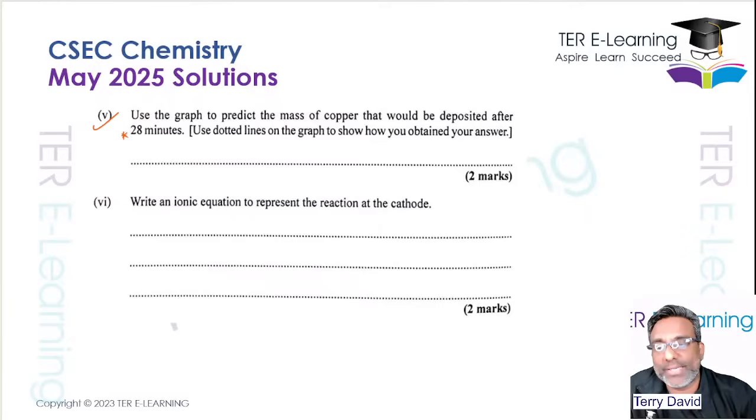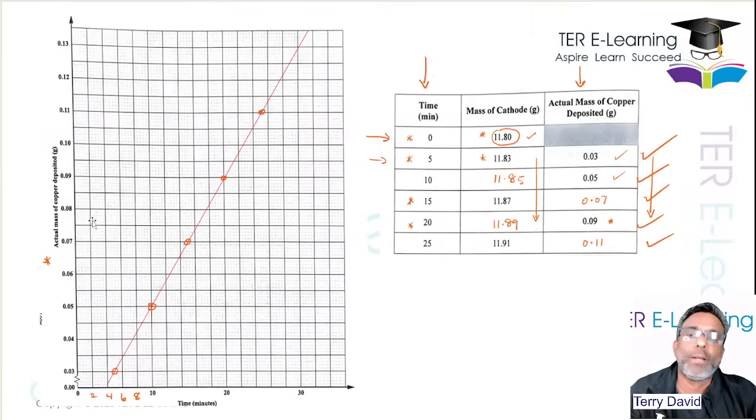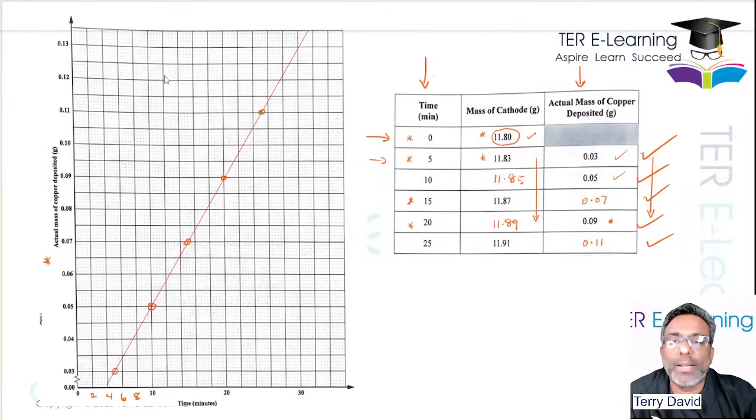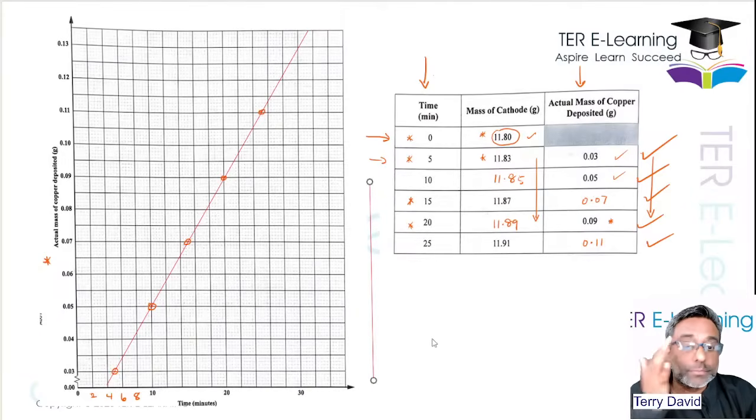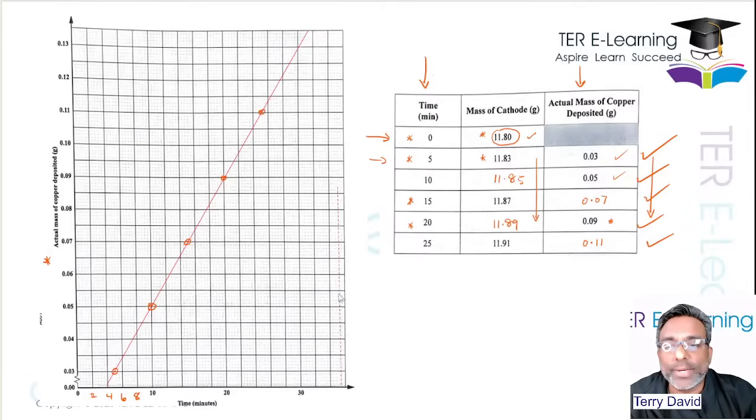So we need to locate 28 minutes on the graph. The first thing we need to do is get a line here. They want dotted lines, so make sure you draw dotted lines. So we're looking at 28 minutes.